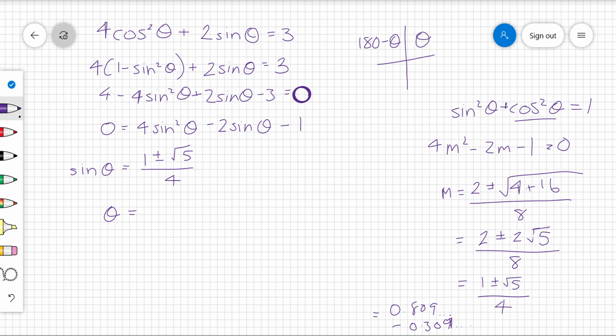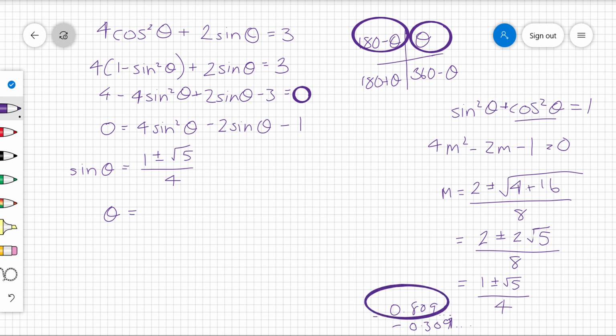So we know we want to use all quadrants. I'll just add that and that quadrant. There we go. So if I start with where sine theta is positive, I want this one and this one. So if I do inverse sine of that, stored under A, I get 54 degrees.